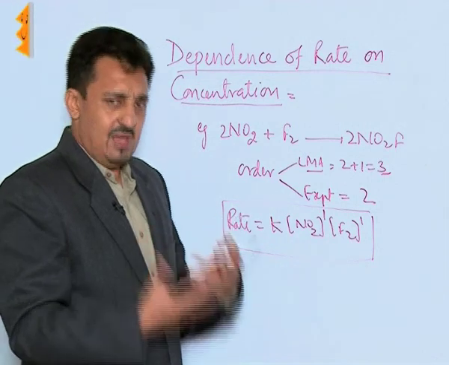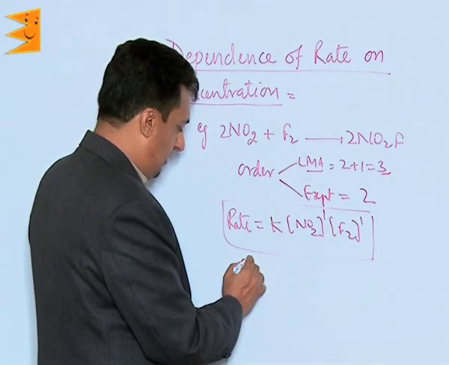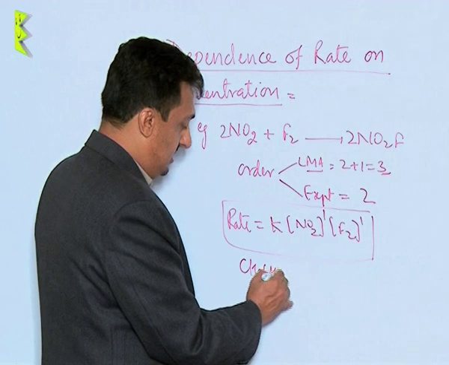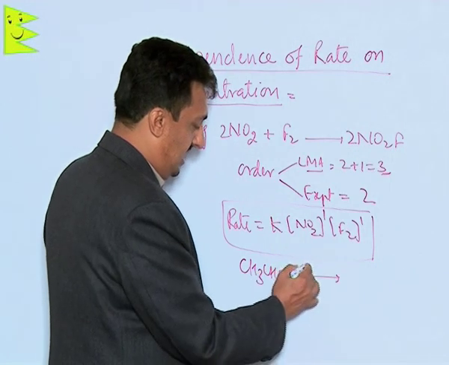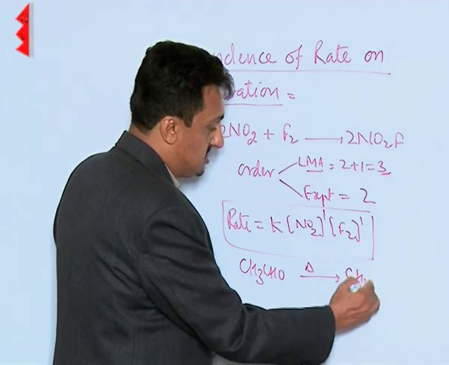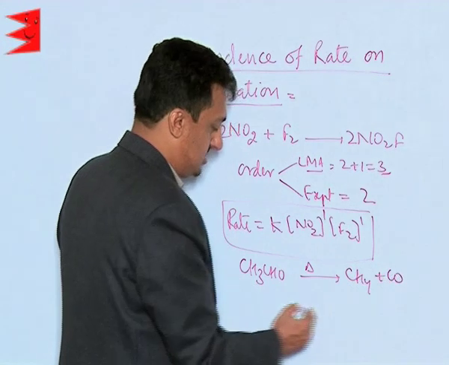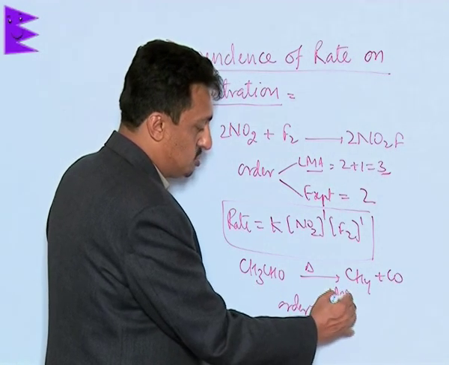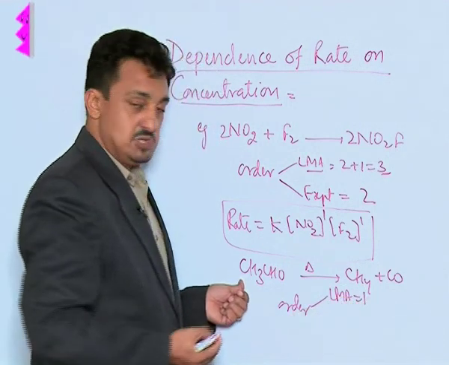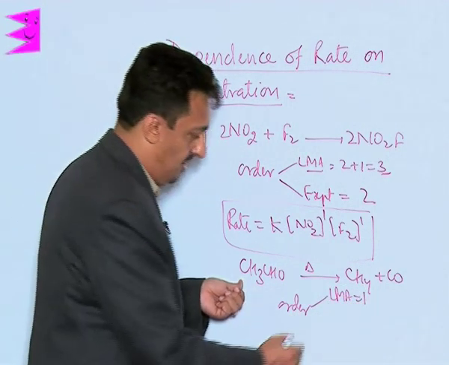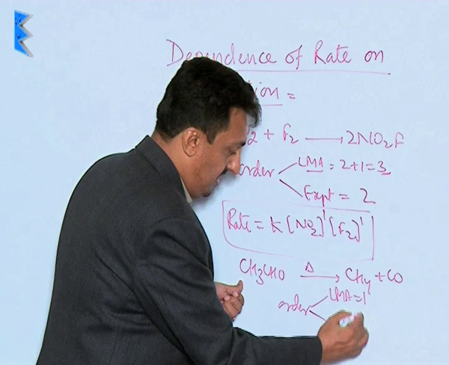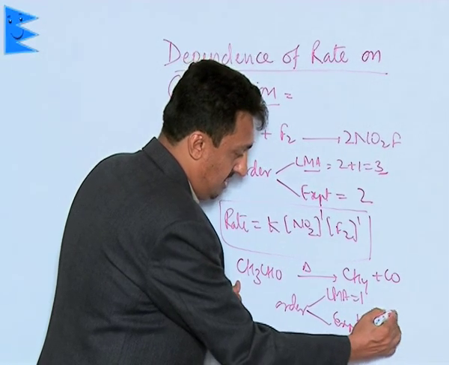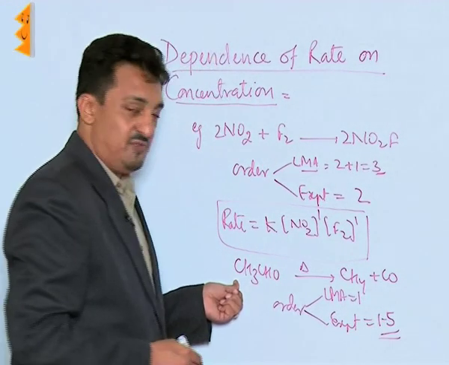We can get many examples. I can give you one more example, the decomposition of acetaldehyde on heating, which gives methane and carbon monoxide. The order of this reaction as per the stoichiometry comes out to be 1, because 1 molecule of acetaldehyde is involved. But experimentally we find that its order is 1.5. It's a fraction.